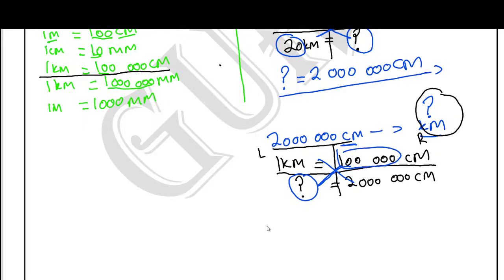So that is going to be 100,000 question mark, which is equal to 1 multiplied by 2 million, which will remain 2 million.